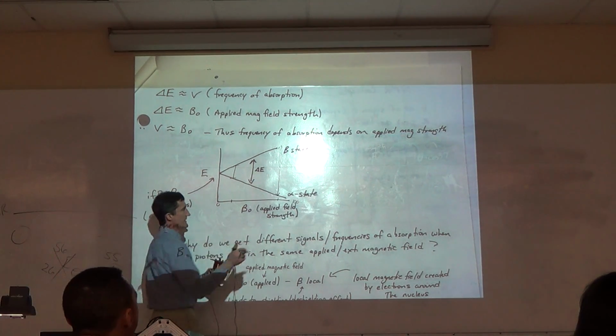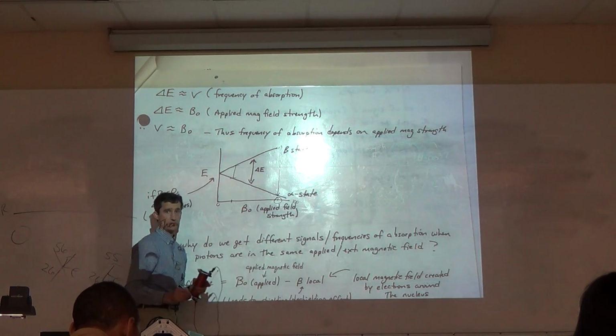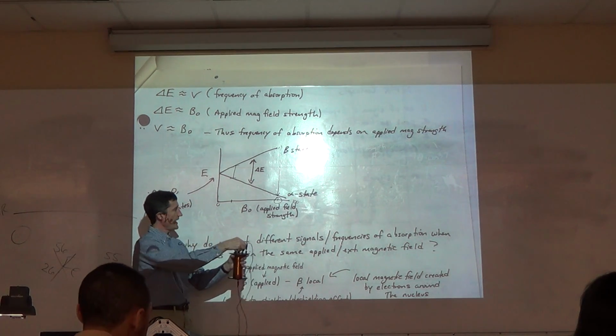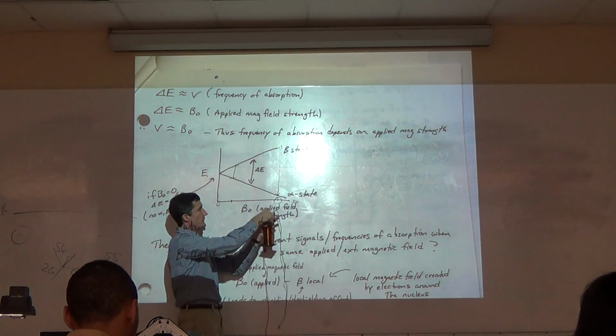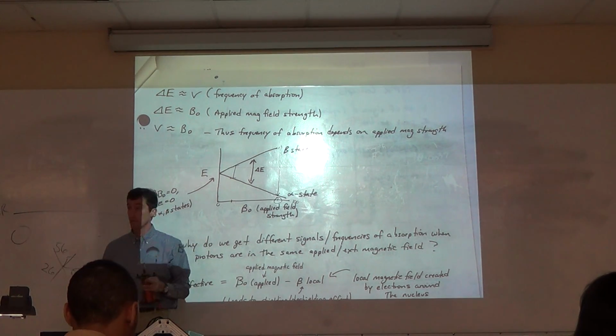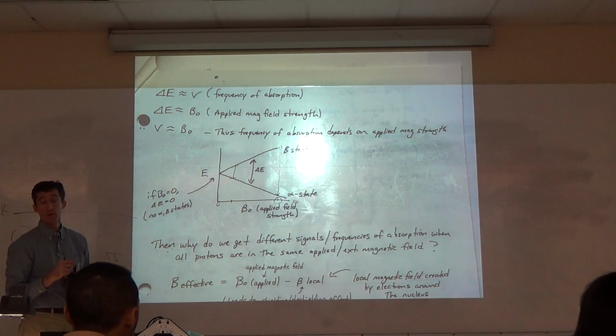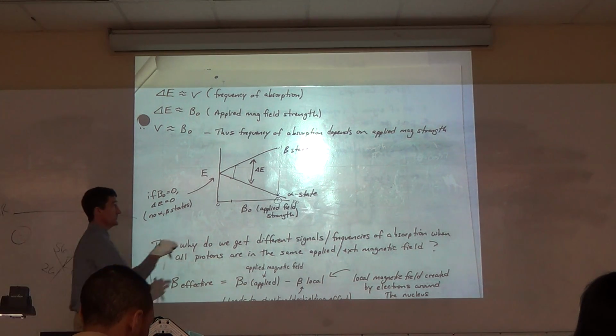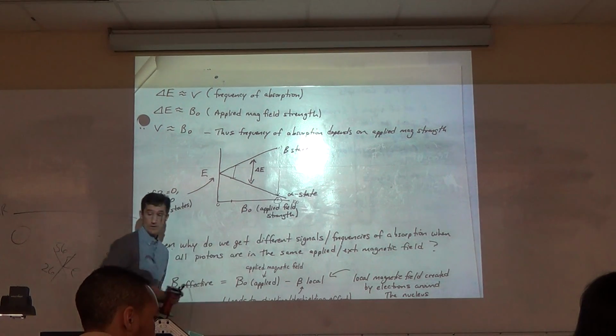Let's say this has this magnetic field strength. We put it in, all the hydrogens will experience this, so the gap for all the hydrogens will be what? That. We still haven't said how the gap varies for each hydrogen. It looks like it should all be like that.